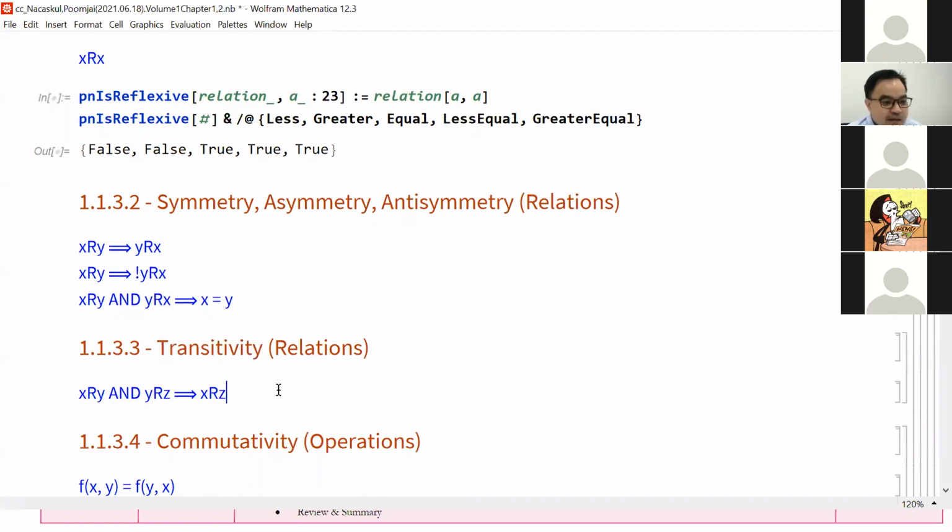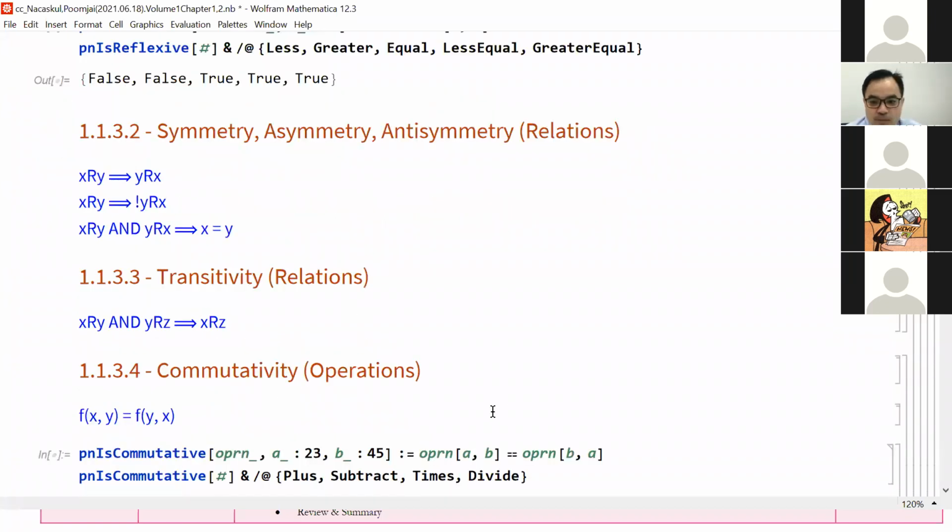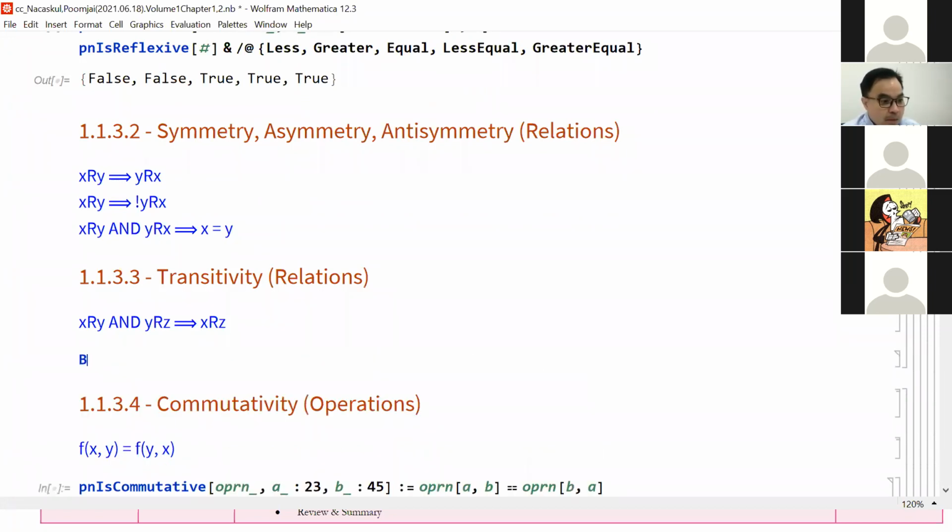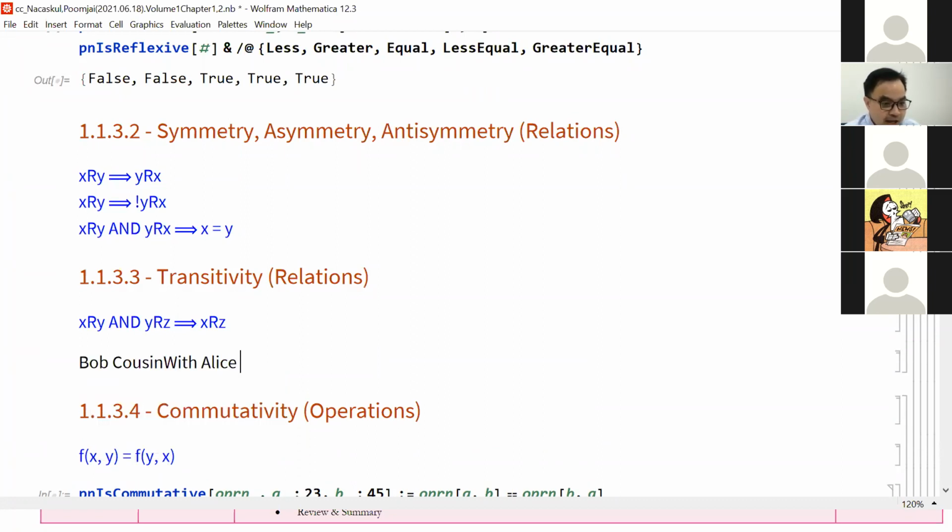Transitivity. Transitivity means this relationship catches on. So, Bob cousin with Alice, okay? And Alice cousin with Jane, implies Bob cousin with Jane.